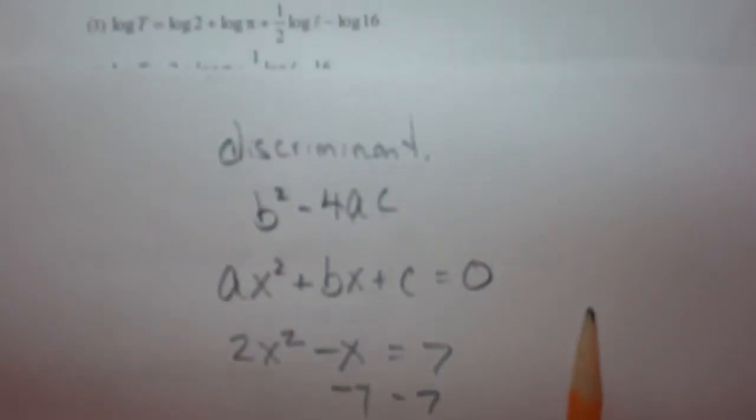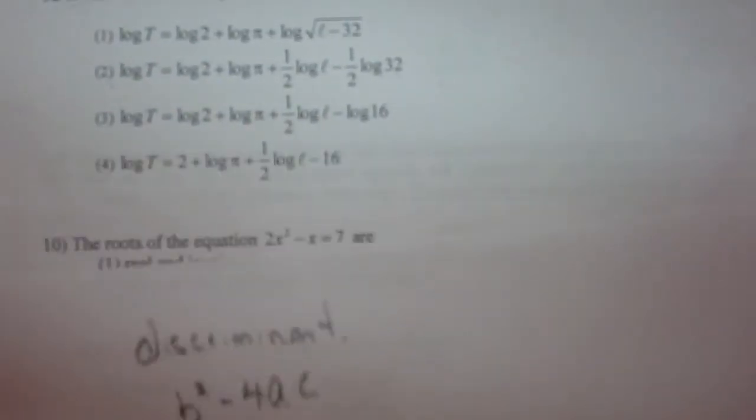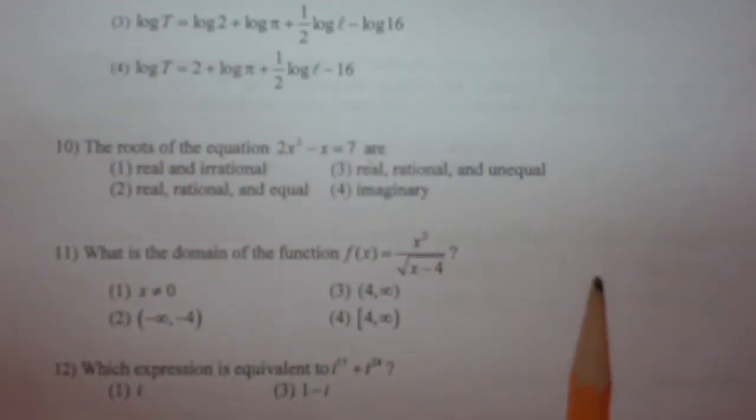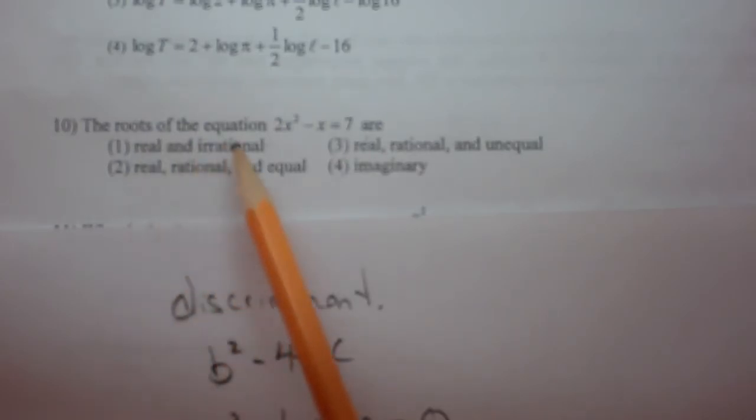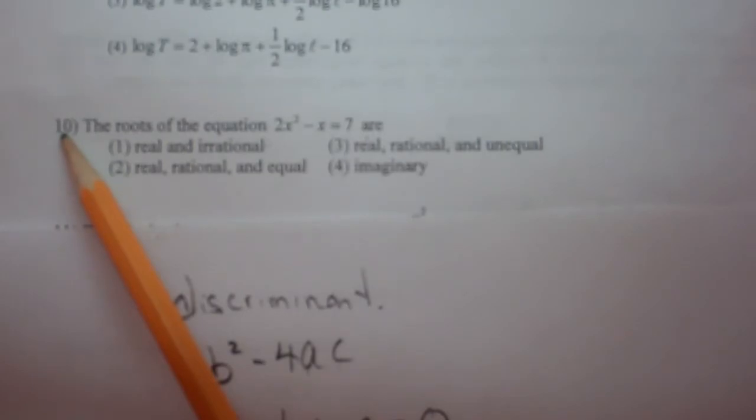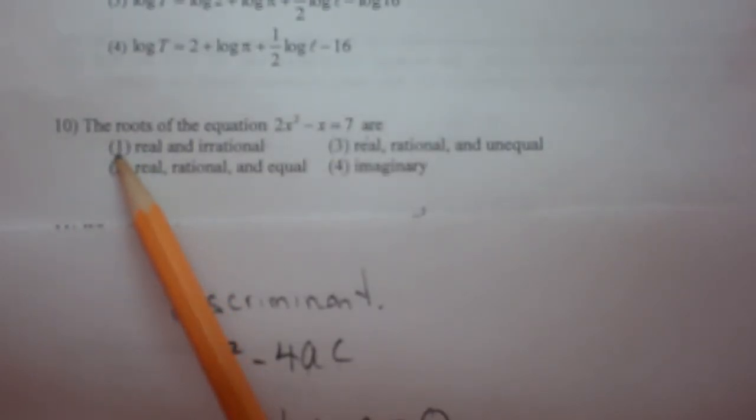Which of the following choices best reflects that fact? Let's see. Here's a choice. It's real and irrational. That is what it's showing us, and so the answer for number 10 is 1.